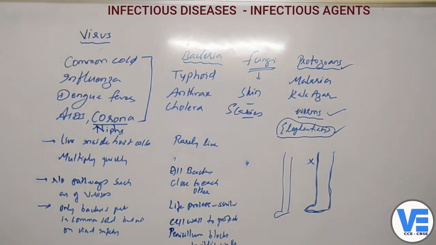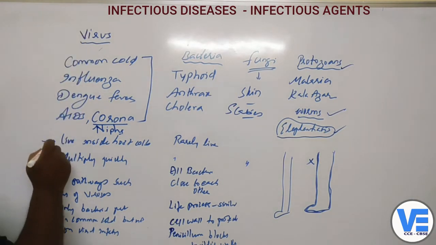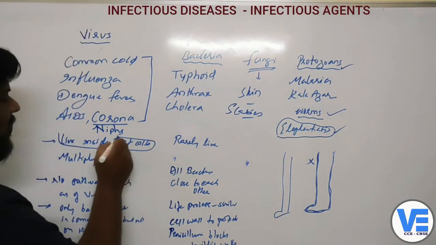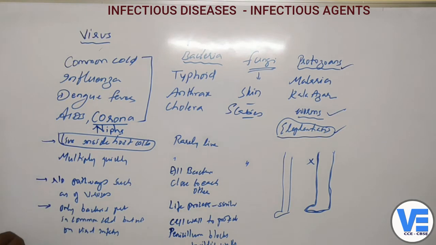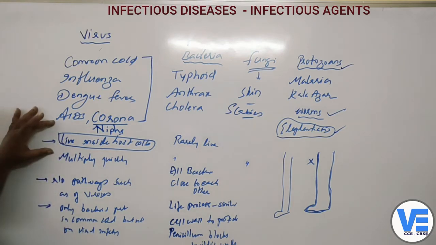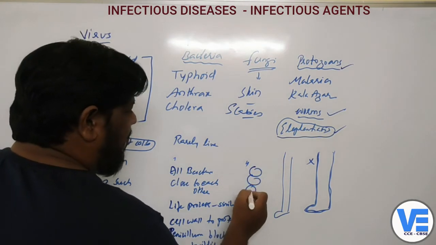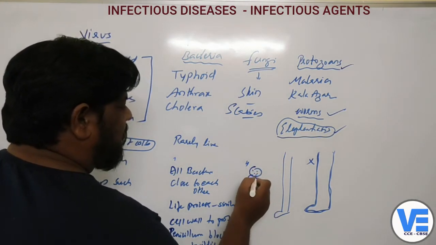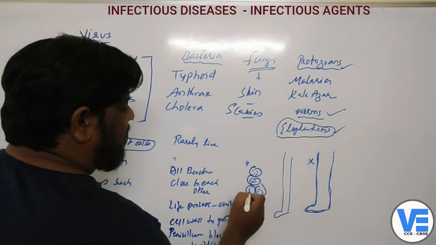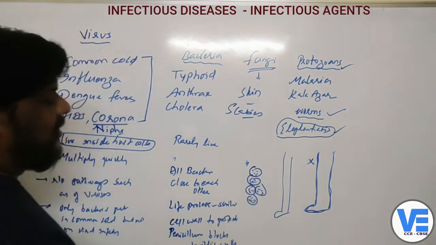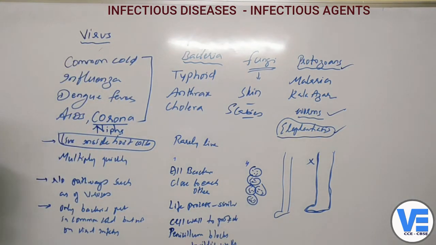Now when you take the virus, they live inside the host cells. Where are they living here? They are living inside the host cell. That means if it is a cell in our body, they love to live in our cells. Whatever food is present in those cells, they will depend on that and they will proliferate, they will reproduce, they will increase their number in our own cells.